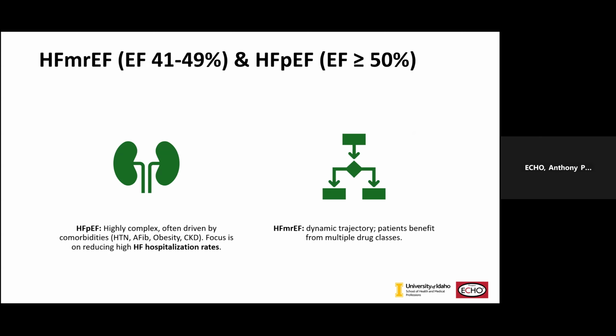We really want to focus on reducing hospitalization in these patients. And then with HFmrEF, it's really dynamic. A person could be coming from HFrEF into HFmrEF and moving their way to HFpEF, or they could be in HFpEF going down into HFrEF. I know I'm using a bunch of analogies, but it could be getting worse or it could be getting better. So we do see benefit from multiple drug classes with HFmrEF. Next slide, please.